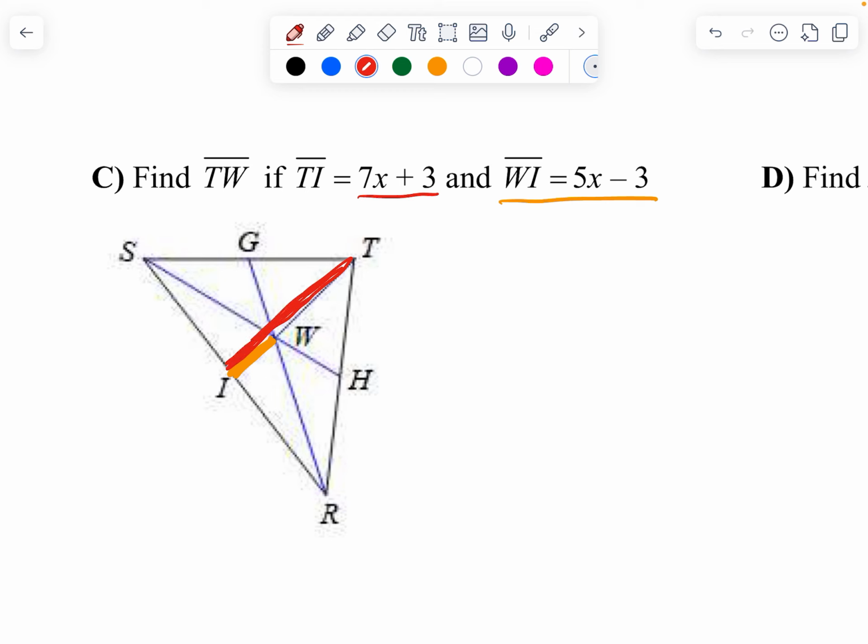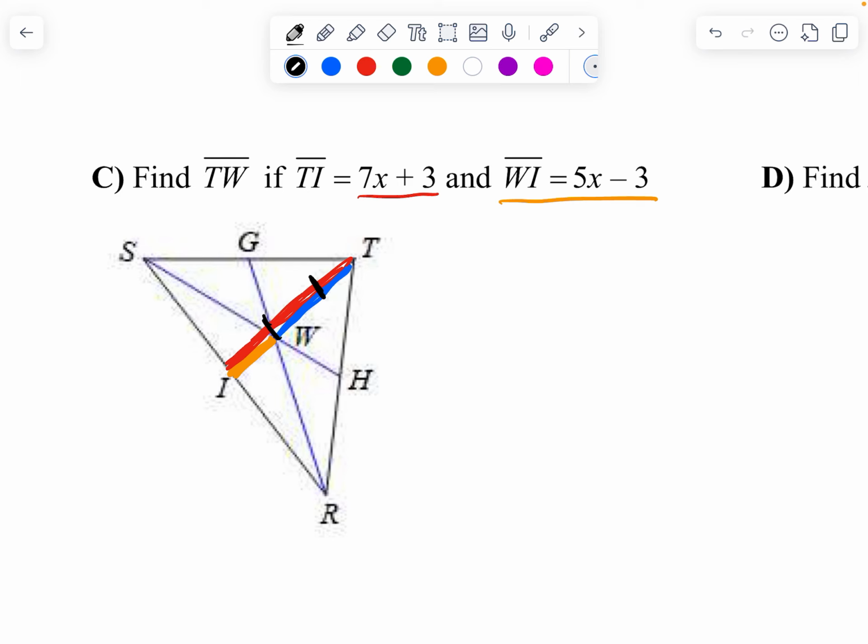And we are trying to find the last little remaining portion there, which is TW. So I'd say, okay, how does my orange relate to the red, right? How do I relate the two things that I do have? Well, I know that this, our orange, is 1/3 of the whole thing.